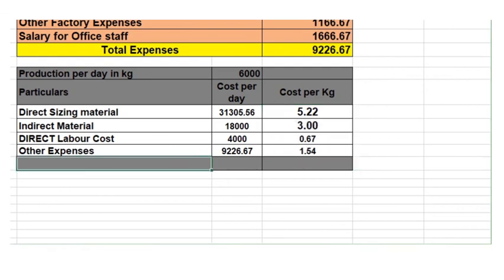Finally we get the total cost, and dividing by 6,000, we get the sizing cost per kg as rupees 10.42. So this is the cost per kg of the sized yarn. Thank you.